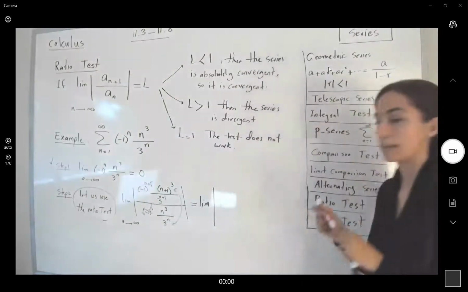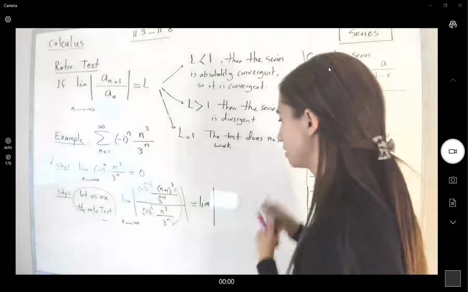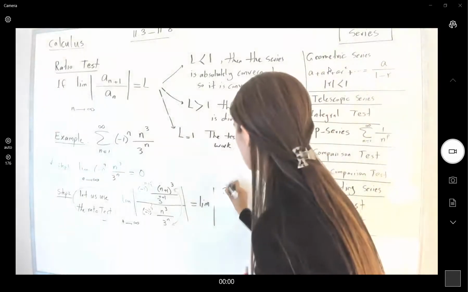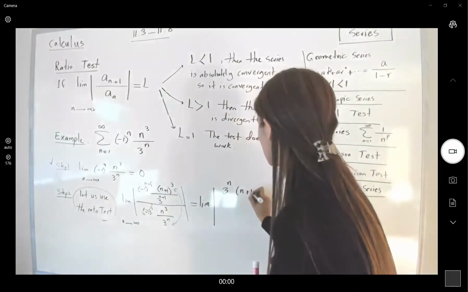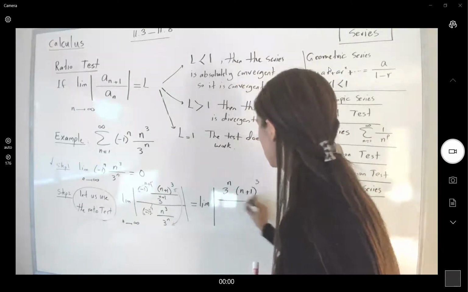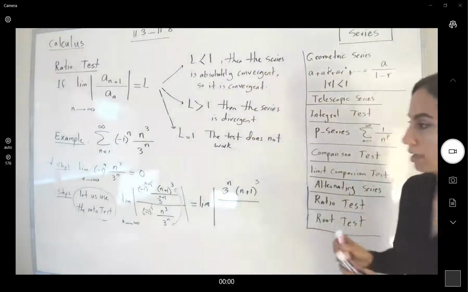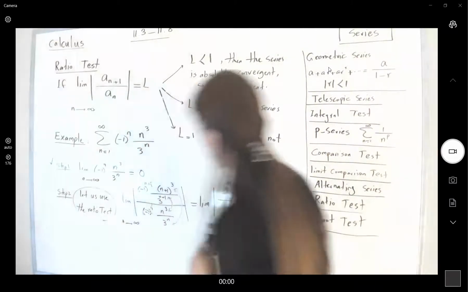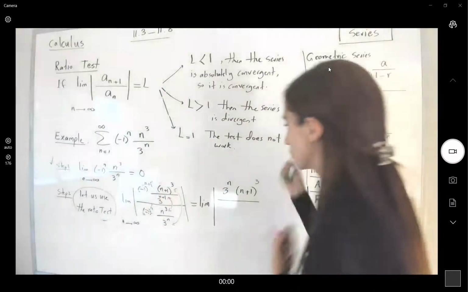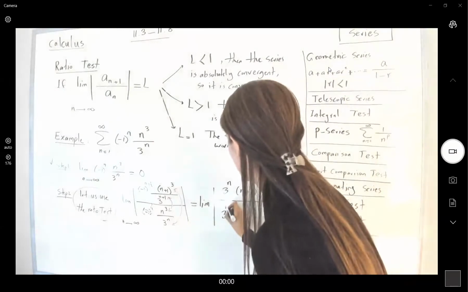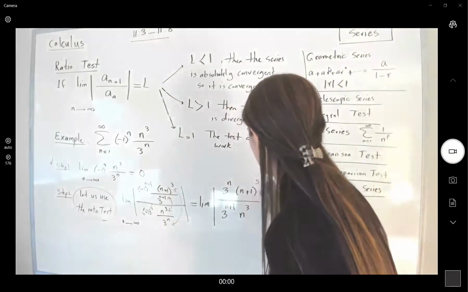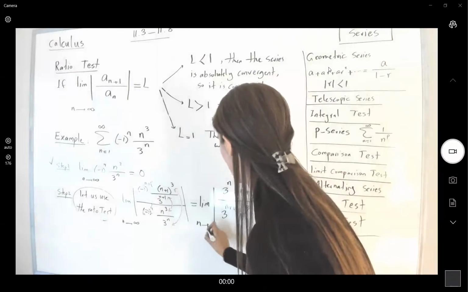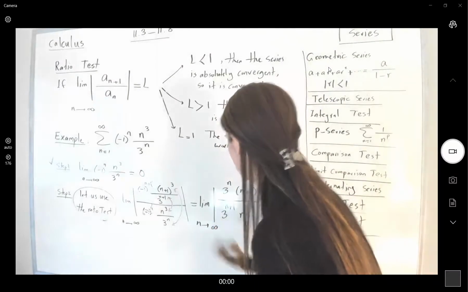So this is our new numerator. Here we have 3 to the n times n plus 1 to the third divided by, and we multiply the first denominator and the second numerator, and this is n to the third times 3 to the n plus 1. Our job is to find this limit.